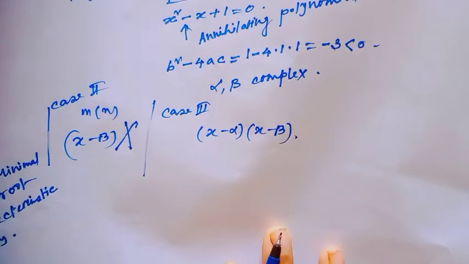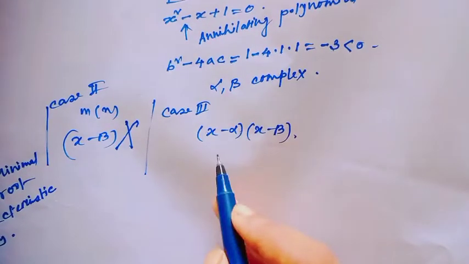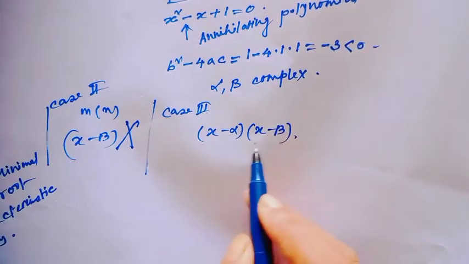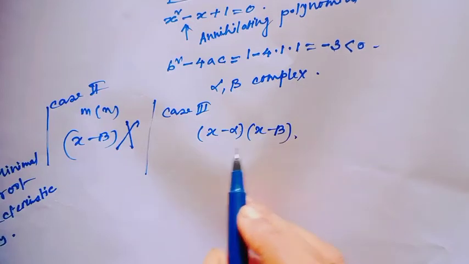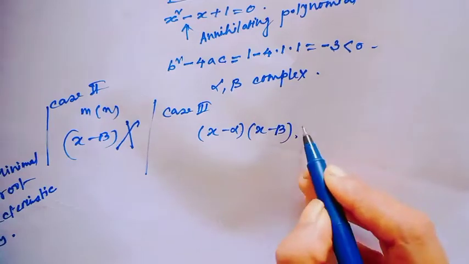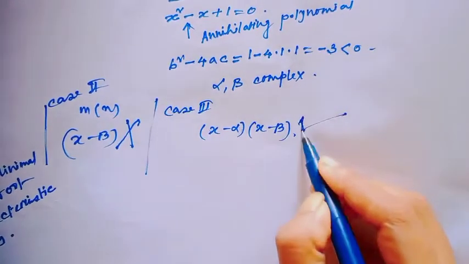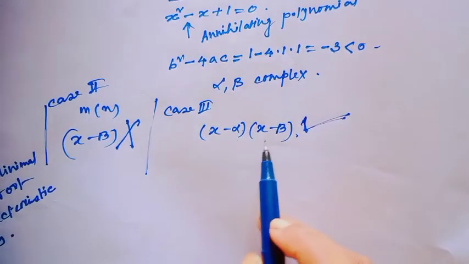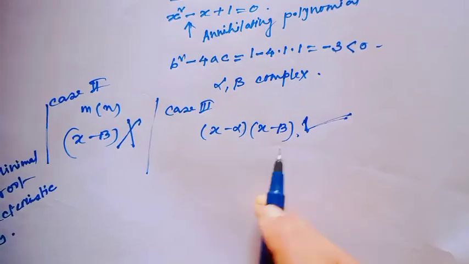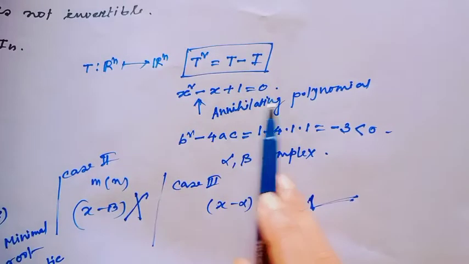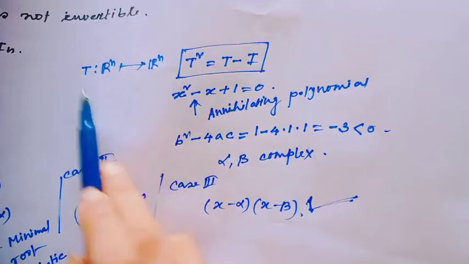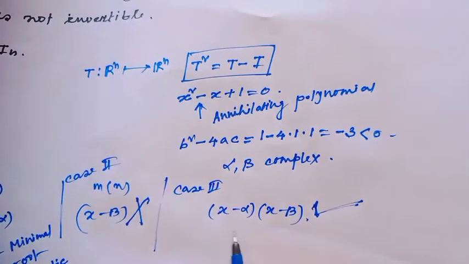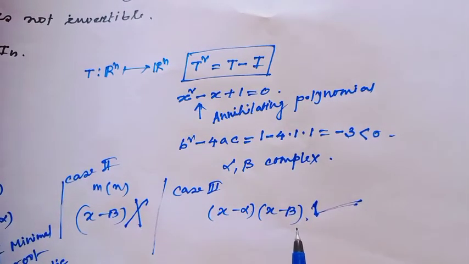Case 3, if we consider x minus alpha times x minus beta, that means the root and its conjugate are always possible here. So we can consider this minimal polynomial. That means the minimal polynomial of this operator would be x minus alpha times x minus beta.